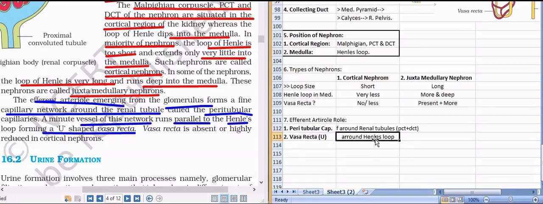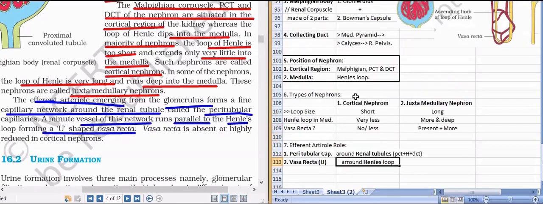You should remember this. Vasa recta is only around Henle's loop, while peritubular capillaries are around all the renal tubules, so you can write plus Henle's.